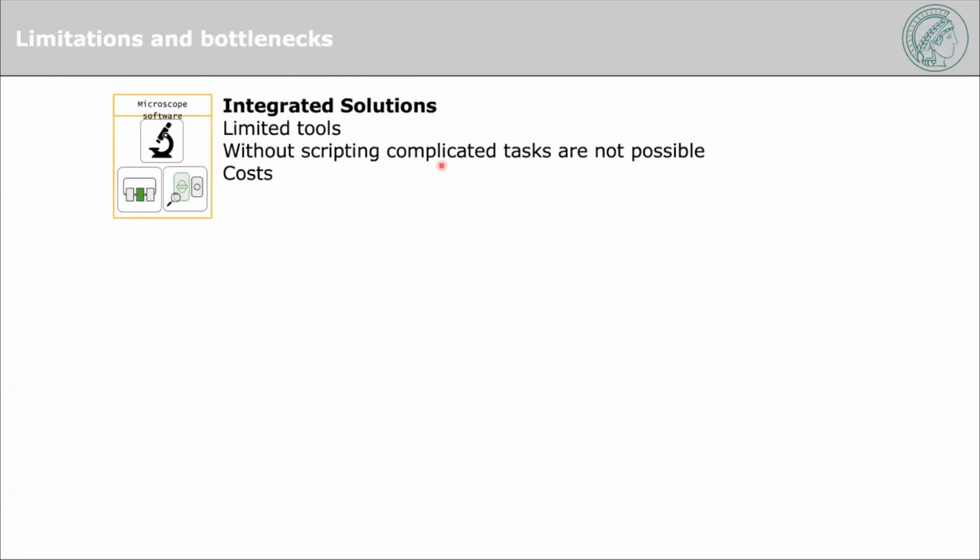So my last slides sound maybe negative, but I think this has been named a few times: the limitations and bottlenecks for me and for many of us. What are the things where we can work well, but where we feel a little bit limited? Integrated solutions, I think they're great.